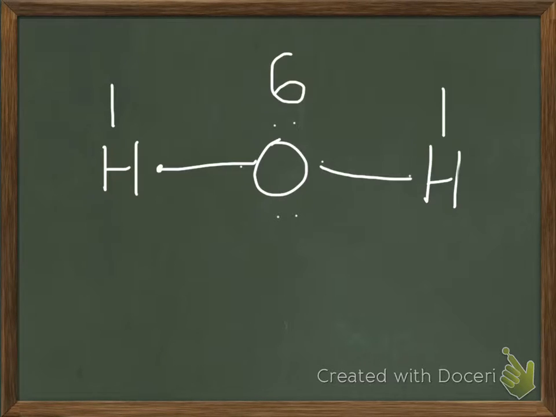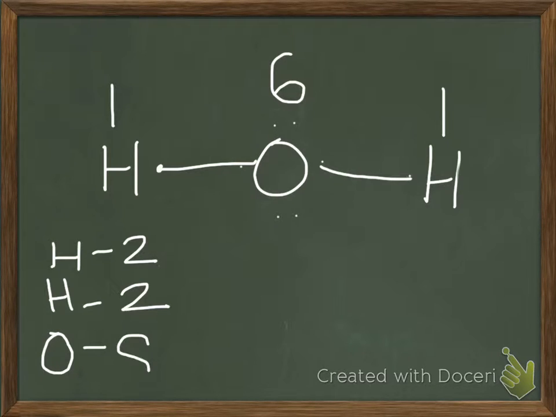So it occurs like this. Hydrogen will share its 1 electron with oxygen, and the other hydrogen also shares its 1 electron with oxygen. The result is that both hydrogen atoms will have 2 electrons in their outermost shell, and oxygen will have 8 electrons in its outermost shell.